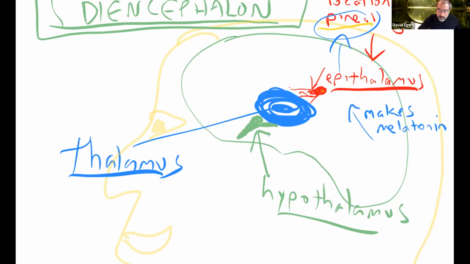Melatonin is a hormone. A hormone is a signaling molecule that gets distributed through your bloodstream to your entire body. And melatonin is implicated with circadian rhythms, basically day and night cycles. We're not going to be getting that much into that in this class, but there is a lot of control about how your body responds to day and night.